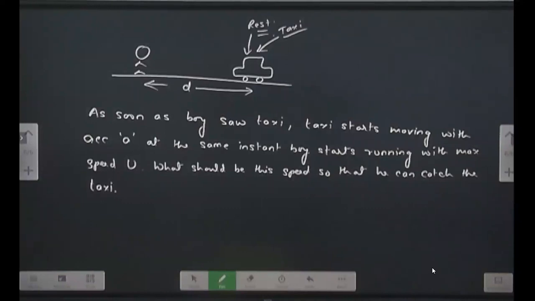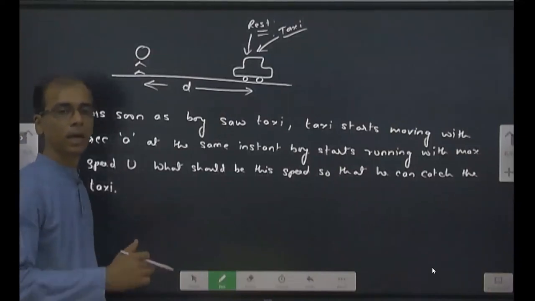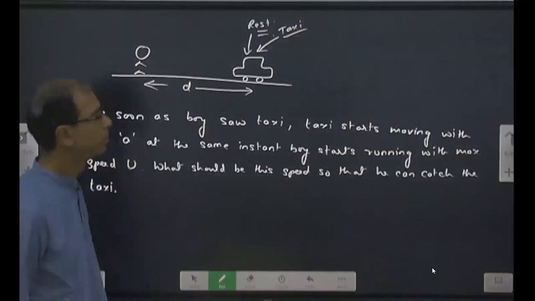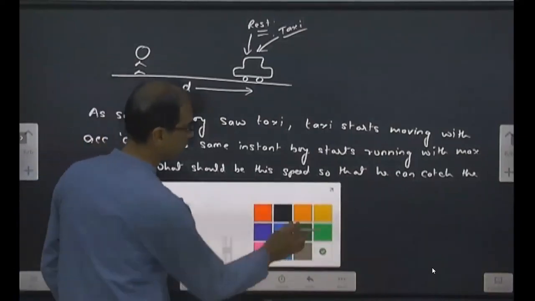Noted it? Yes, sir. Okay. So this is a slightly upgraded question than what we have done so far. Why? Because in this one, acceleration is there. So see how to solve.